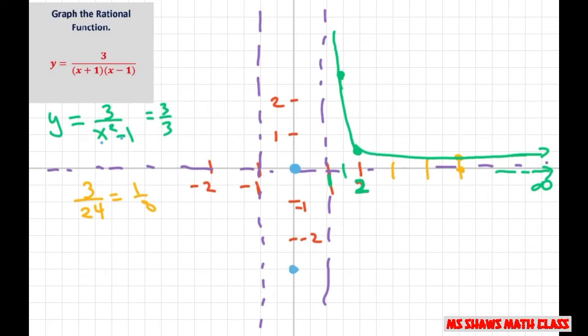If I plug in 1/2, I'm going to get 3 over 1/4 minus 1, so that's going to be negative, minus 3/4, so it's a minus 4. It's going to be here. And you do the same thing for negative 1 1/2, and you'll get this.